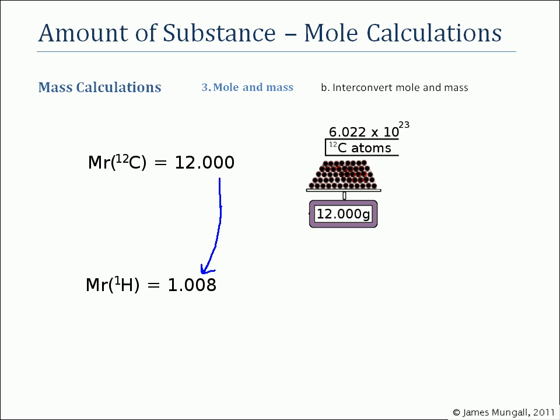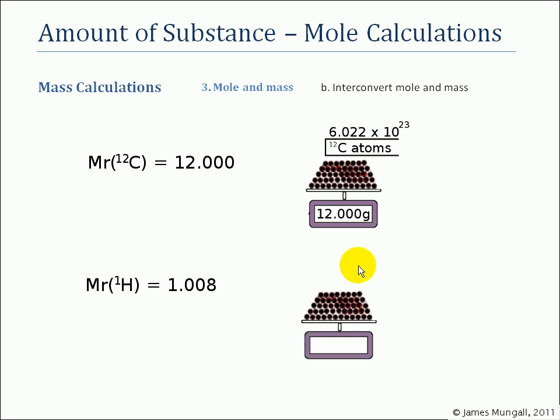So if we then were to put on the scales lots of hydrogen atoms, in fact exactly this same number of hydrogen atoms, 1 mole of hydrogen atoms, then the question is how much will this weigh?